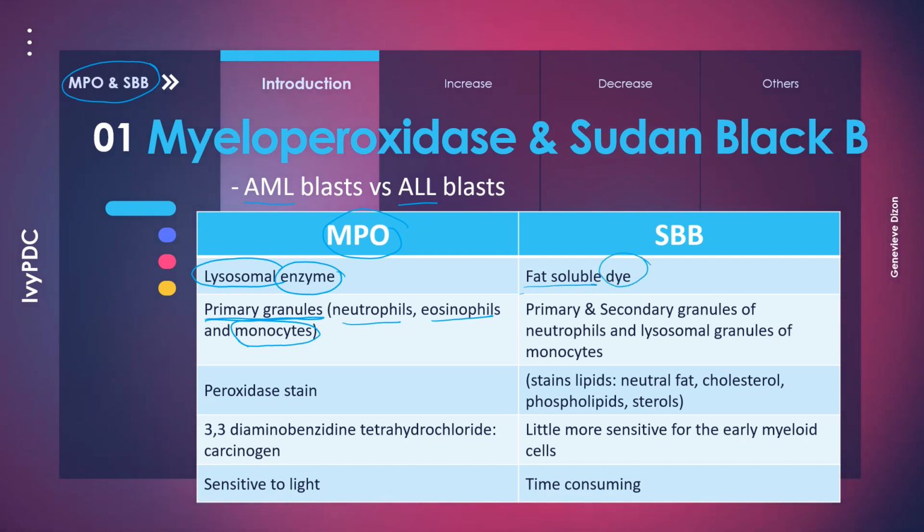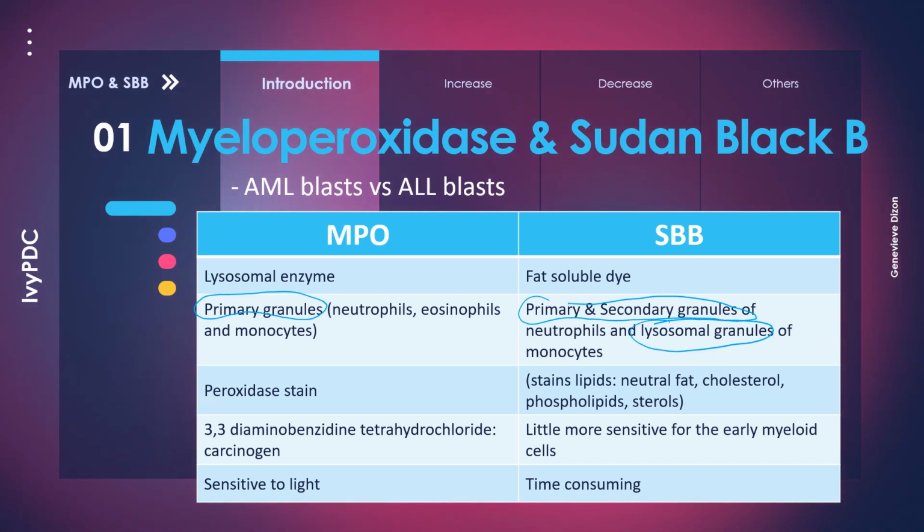It is a fat-soluble dye that is able to stain intracellular lipids like neutral fat, cholesterol, phospholipids, and sterols. Unlike myeloperoxidase that may only be found in primary granules, SBB may stain the fats that are found in the primary and secondary granules of neutrophils and in the lysosomal granules of monocytes.